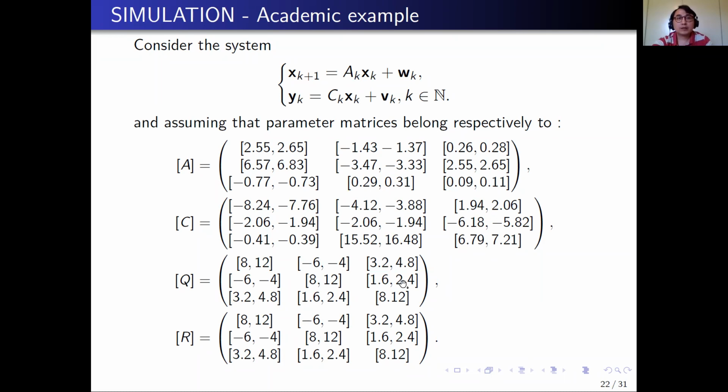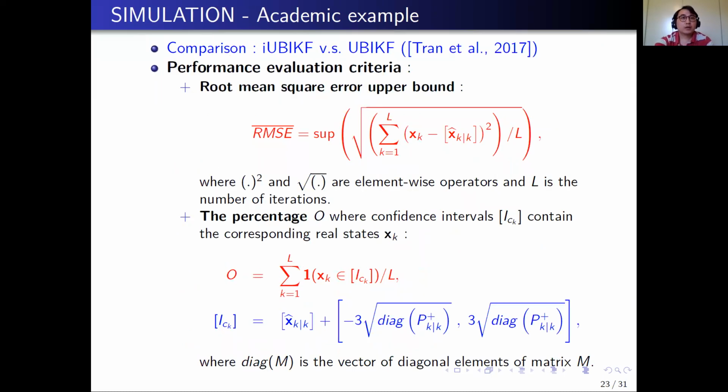We simulate in 1000 iterations using the toolbox in MATLAB. In this example, we will compare the estimation result provided by the 2 filters, and the following performance evaluation criteria are used.